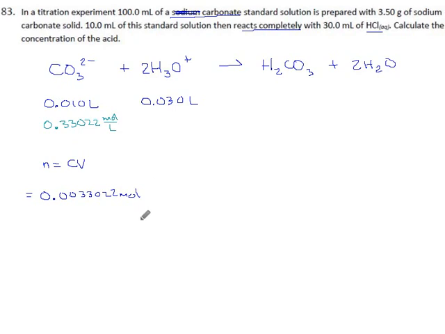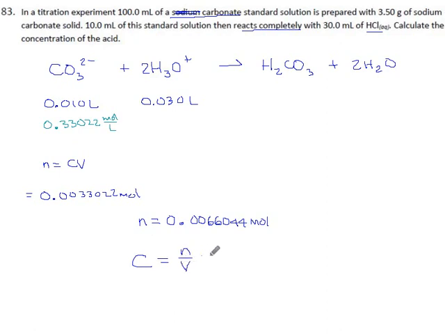So how many moles of acid would that mean? Do the numbers match? Nope, they don't, because these coefficients are different. This says however much carbonate you have, there must be twice that much acid. So if this is our amount of carbonate, double that, and you get 0.0066044. That's our moles of acid. And now that we know that, we can get a concentration.